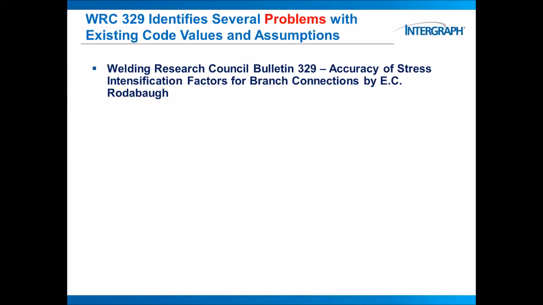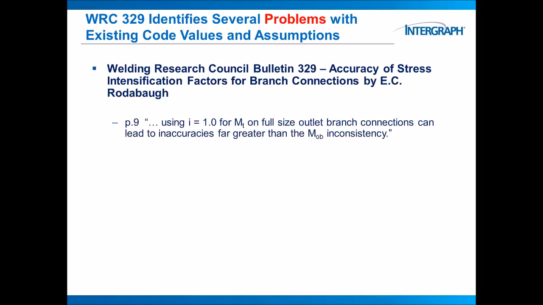And this is not a new discovery, new findings. It's been identified for a while. There's a number of publications on this, and one of the really good publications on this is Welding Research Council Bulletin 329 by Rodabaugh, in which they discuss a number of the issues with the existing code values and the assumptions.